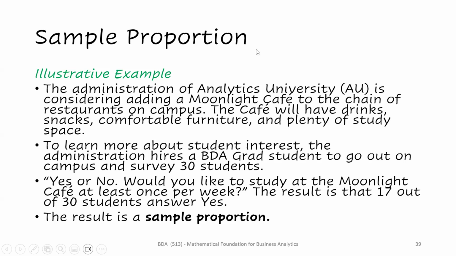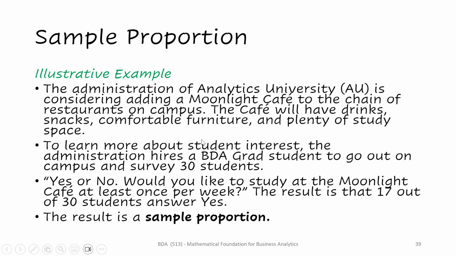So let's see sample proportion. This is similar to the example that I gave. So let's start with this illustration. The administration of Analytics University is considering adding a Moonlight Cafe to the chain of restaurants on campus. The cafe will have drinks, snacks, comfortable furniture, and plenty of space.